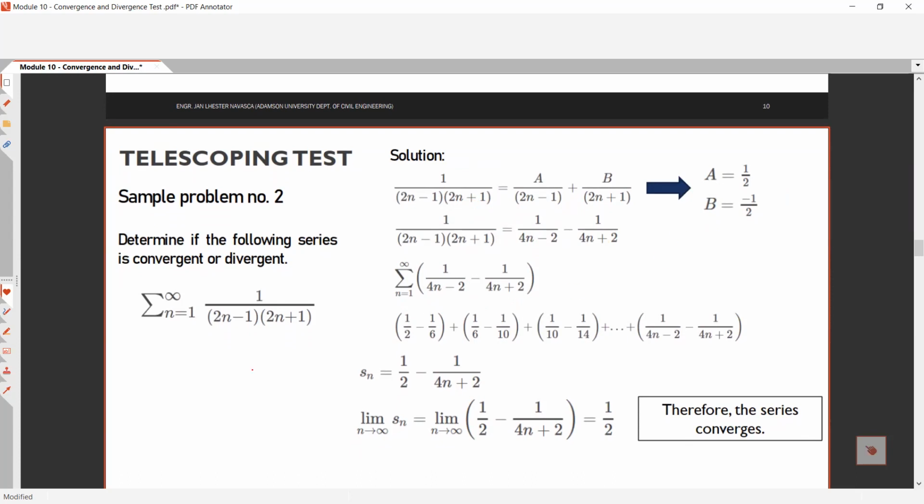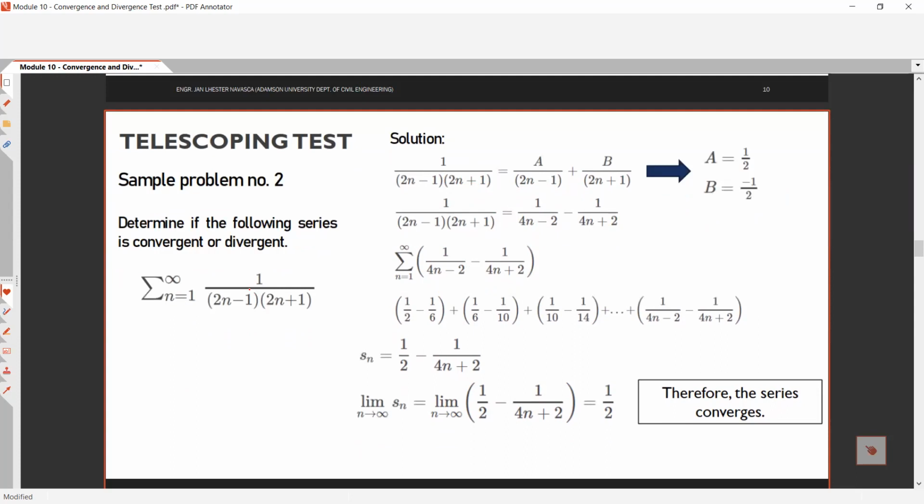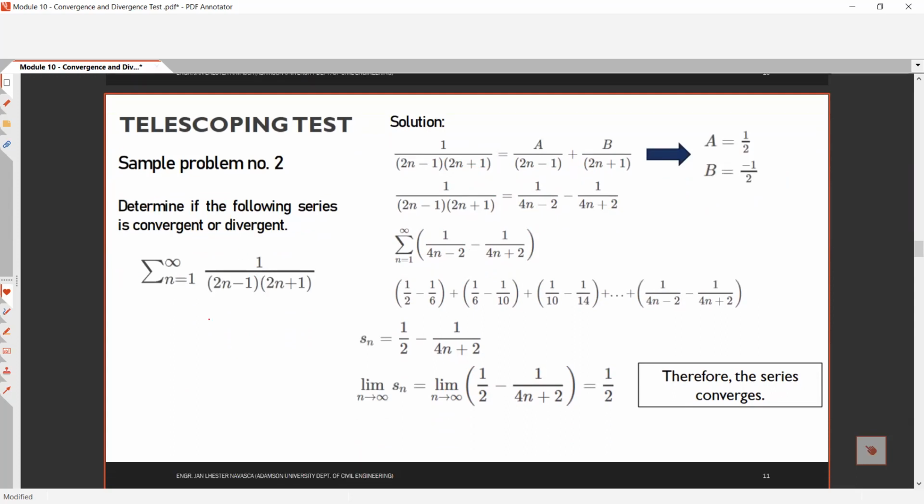Solve ko na nga lang. So to solve for a, 2n minus 1 is equal to 0. Therefore, n is equal to 1/2. Then substitute natin yung 1/2 dito sa buong series.